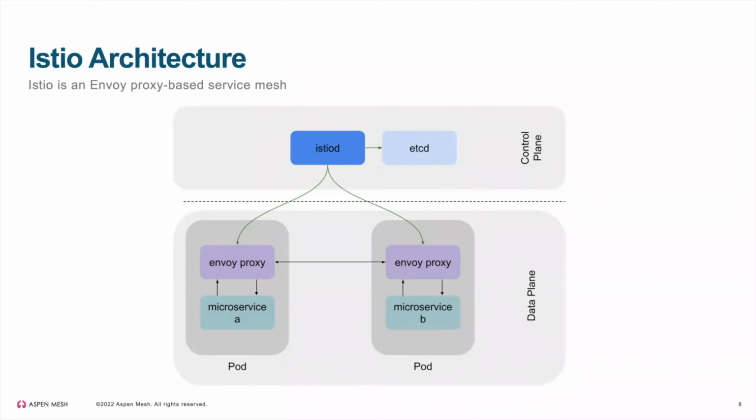And part of that injection is that Istio D will modify the IP tables for that pod so that all traffic leaving the pod or coming in from external clients to the pod goes to the Envoy proxy, and then Envoy proxy will communicate with the microservice through the loopback interface. So the microservice is never exposed directly to any network interface that can go outside the pod. In this case, it's all Envoy.